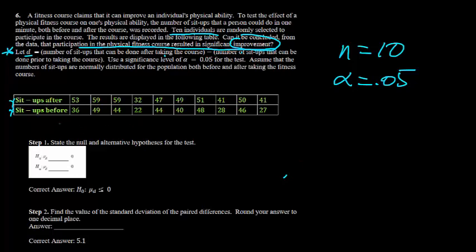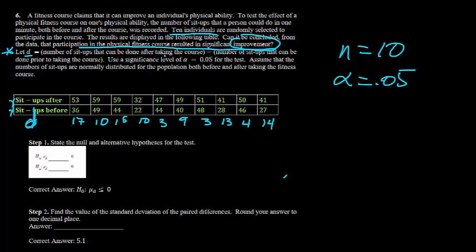So now I'm going to take the difference. 53 minus 36 is 17. 59 minus 49 is 10. 59 minus 44 is 15. 32 minus 22 is 10. That's 3. That's 9. That's 3. 41 minus 28 is 13. 4. 41 minus 27 is 14. Okay? And so this is my D.